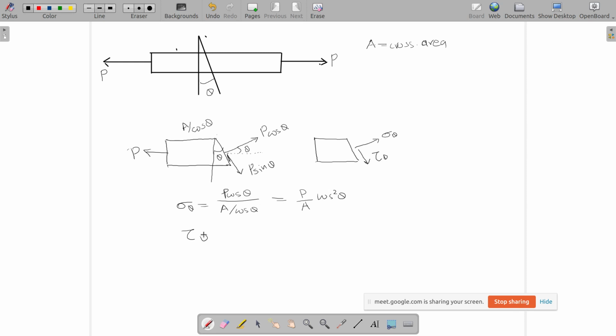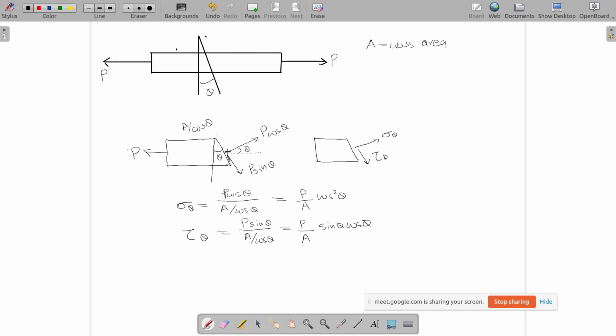And tau theta is equal to P sin theta divided by A divided by cos theta, and that is P by A sin theta cos theta. So we have obtained the stress values on the plane using which we have cut the object, the normal stress on that plane, and also the shear stress on that plane.